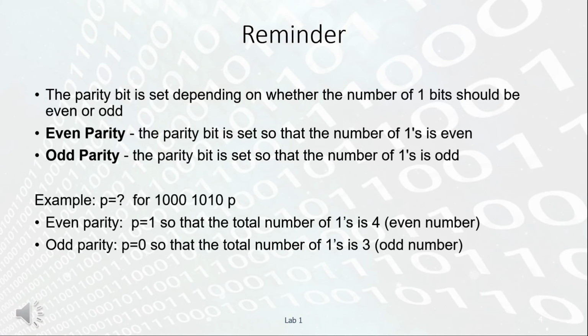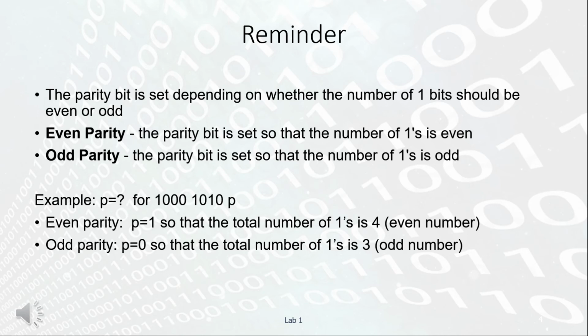And another reminder on how parity works. The system chooses whether it's going to be using even parity or odd parity, and the parity bit is set in order to achieve even or odd parity. So if you have even parity, then the parity bit is set to ensure that the number of ones in the bank are even.